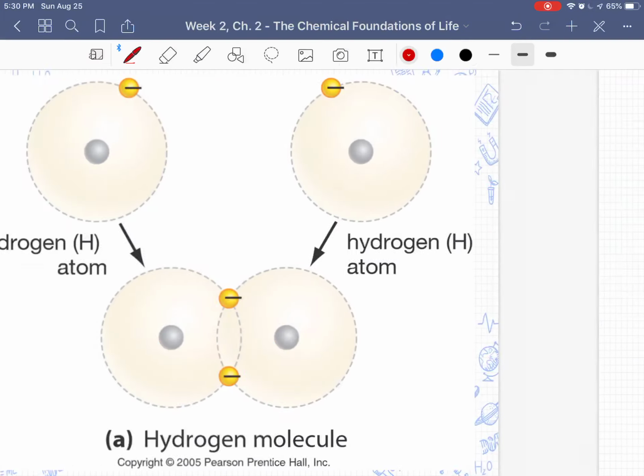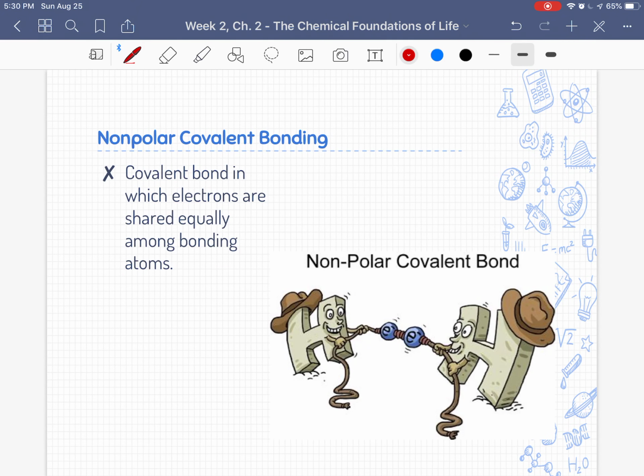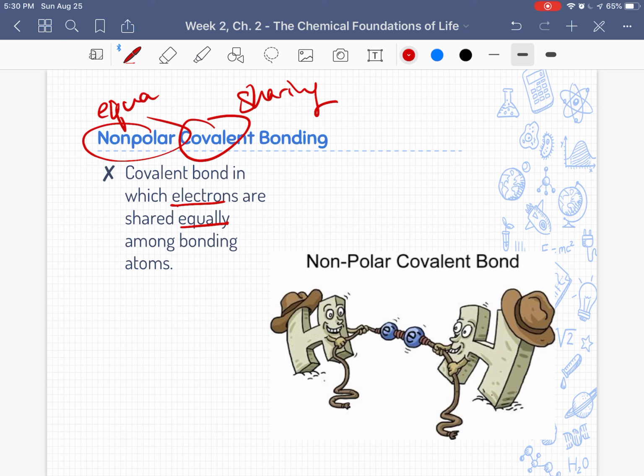Okay, so let's go back and talk about nonpolar, since I got my wires crossed. Nonpolar covalent bonding is when electrons are shared equally. So covalent is sharing. Nonpolar means equal. So these two happy hydrogens right here are playing tug of war, and neither one of them is winning.